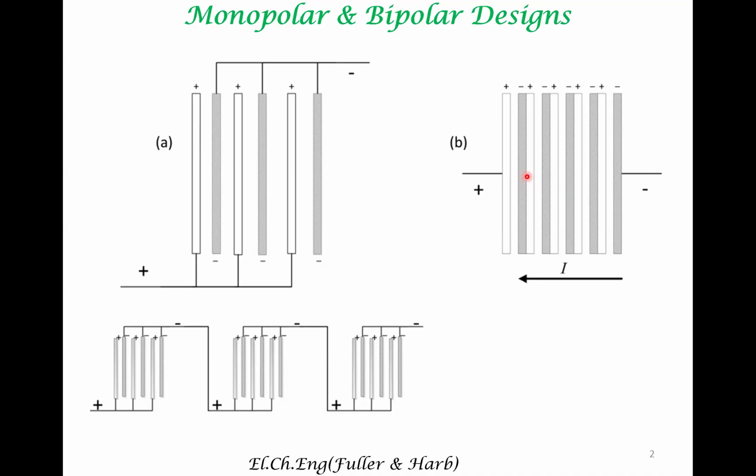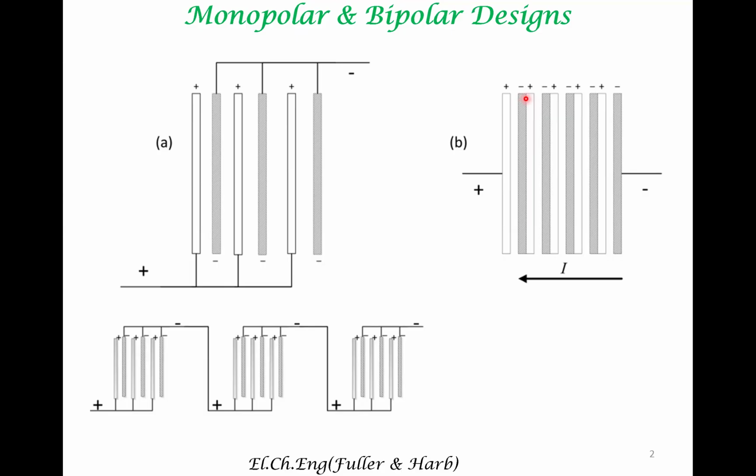So in a typical cell, you need a wire to transfer current or electrons from one electrode, let's say anode, to the cathode, right? The conventional current goes from anode to cathode through an external wire. As opposed to that, in a bipolar design, there are no external wires.